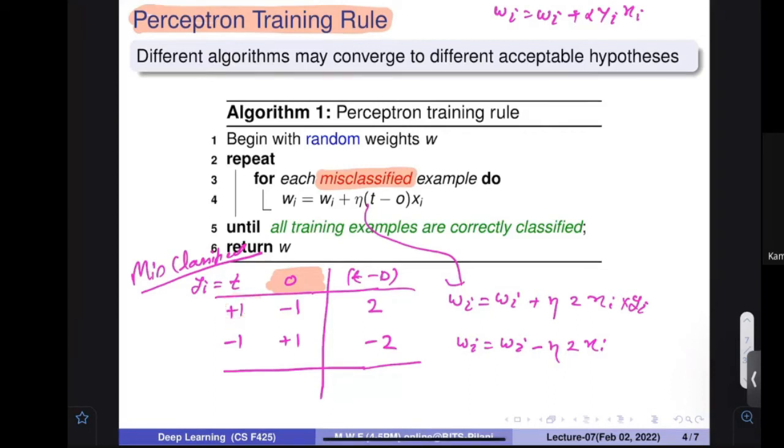Can I multiply? Okay. Here it is -1. So if in this equation I also multiply by yi, then I can remove this negative part. Makes sense? Because yi itself is negative. So can I write like this?